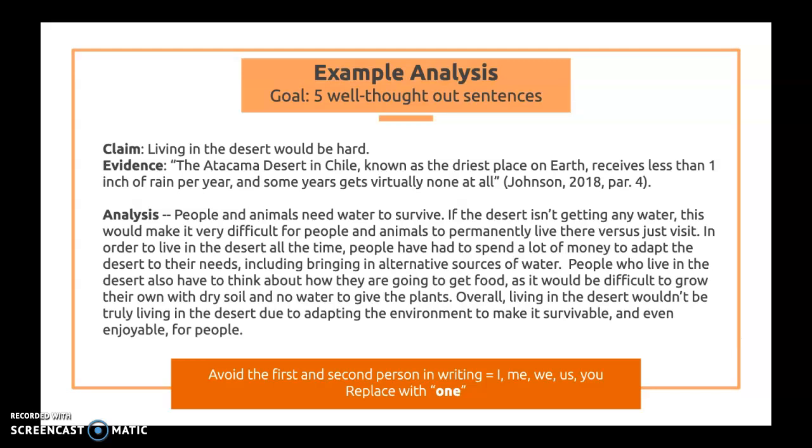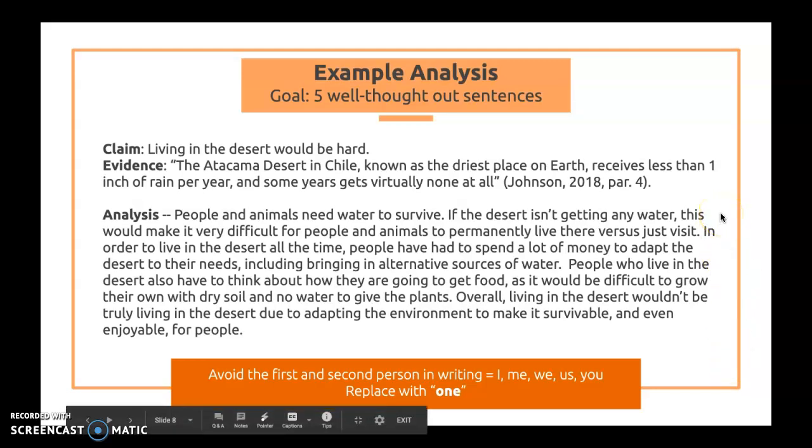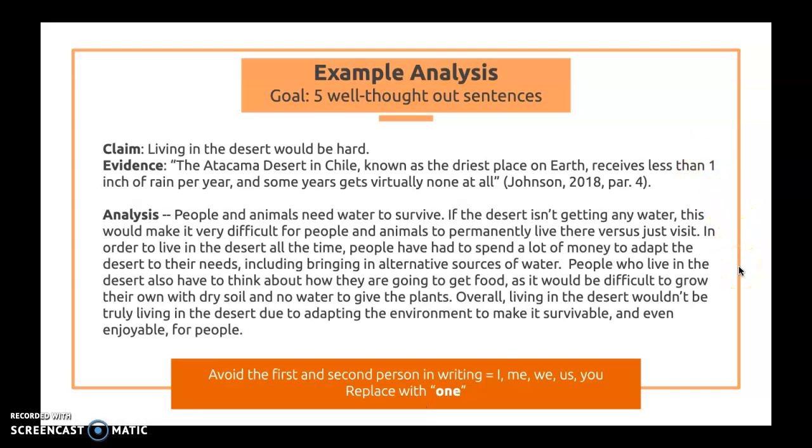In my analysis here, I talk not only about how receiving less than 1 inch of rain per year or receiving little rain would be considered hard because people need water to survive, but in addition, as people then adapt the desert to their lifestyles or bring in alternative sources of water, they're not truly living in the desert. They are making it survivable and even enjoyable by bringing in those alternate sources.